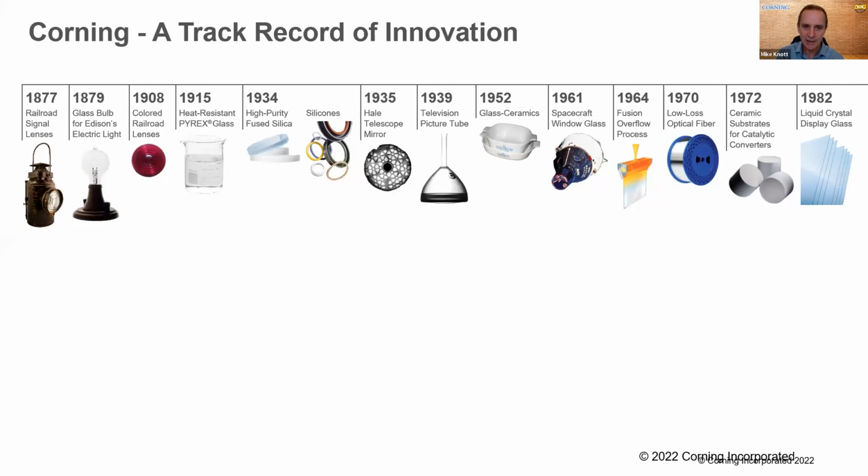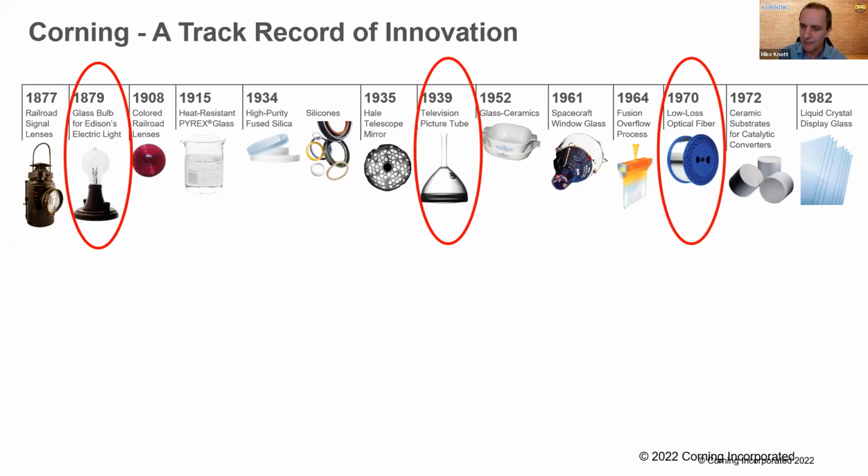We go way back and we can claim some real inventions. We can't claim that we invented the light bulb, but we did invent the way to make the vacuum envelope, so that the glass bulb could actually work. Similarly, Corning didn't invent the TV, but Corning invented a way to make the TV cathode ray tube.